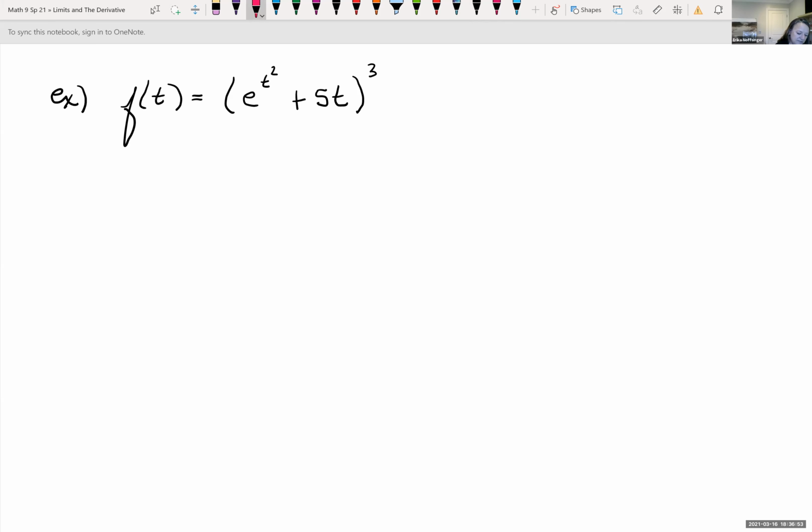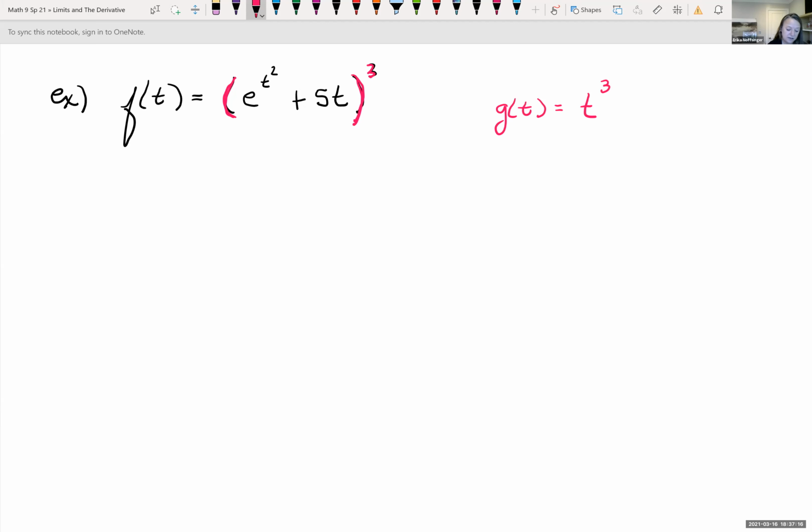So if I'm thinking of this, I have an outer function in here. Let's call that g of t. My g of t function would be t cubed.